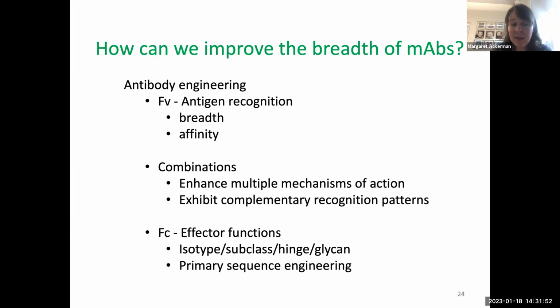And then lastly, the Fc domain can be modified by selecting the isotype, the subclass, the hinge composition, which impacts phagocytic activity, as well as the glycan incorporated on that conserved motif. Or, as in the example Marzena used, primary amino acid sequence engineering to make non-native engineered Fcs that have enhanced effector functions.